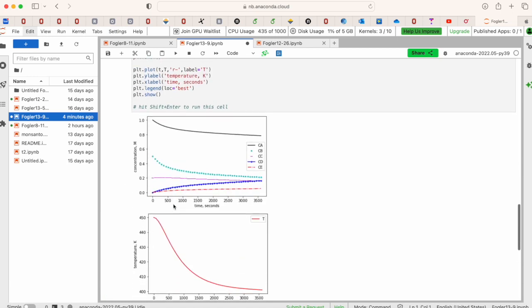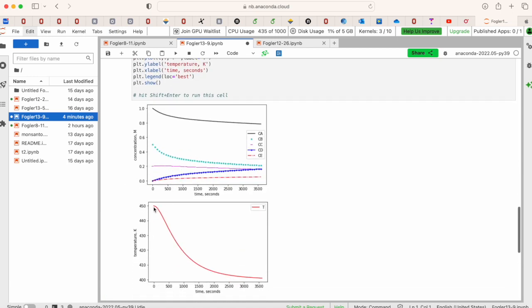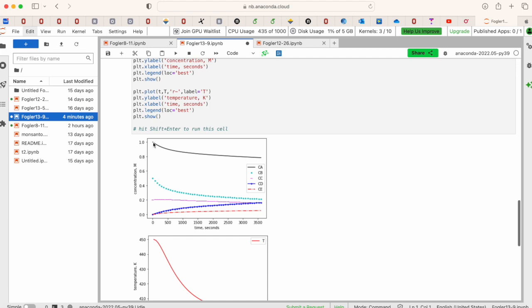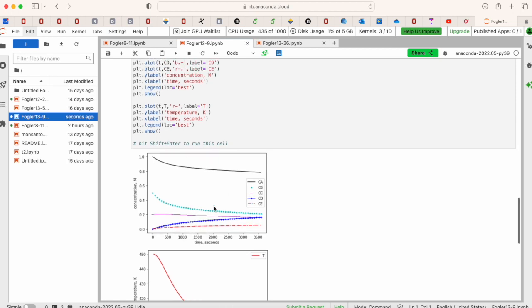What we see is that the temperature approaches the cooling fluid temperature even sooner. This is because the reactions are going to run even slower as the temperature decreases. We get less conversion of species A, and less formation of species D in this case.